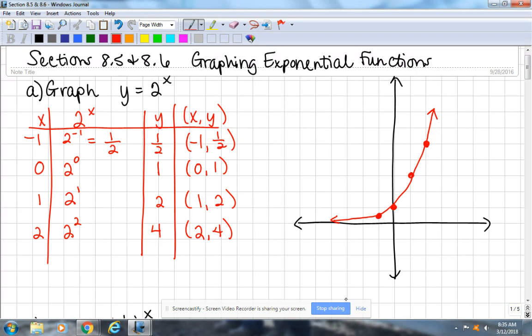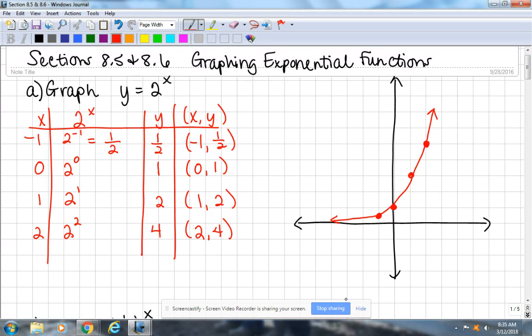So if you want to talk about domain and range, domain, remember, is your x's, range is your y values, right? So the domain for this function would be all real numbers, because I could go anywhere left to right, can't I? Okay? But we can't go anywhere up and down. So the range for this function would be y has to be greater than 0. Does that make sense?